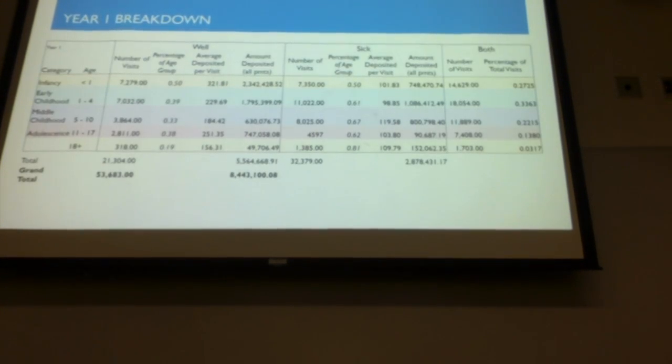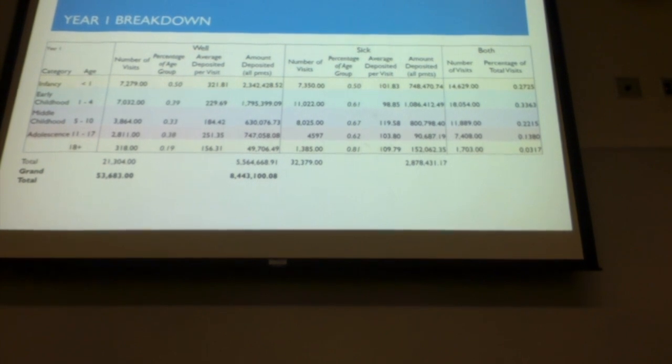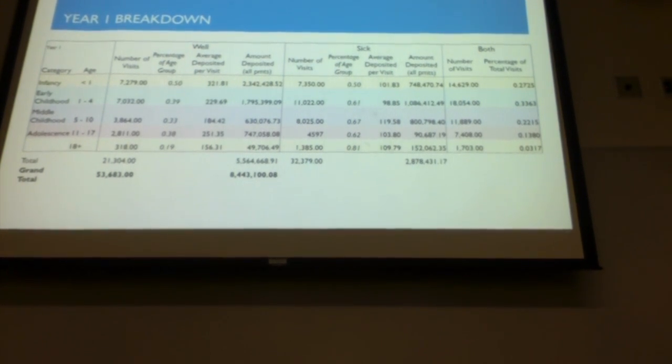Then this is just a table breakdown of the information that we obtained, again broken down by Bright Futures age grouping. In the second column, percentage of age group, this is the percent of the age group that is well and sick. So for year 1, 50% of infants were seen for sick visits and 50% of infants were seen for well visits.